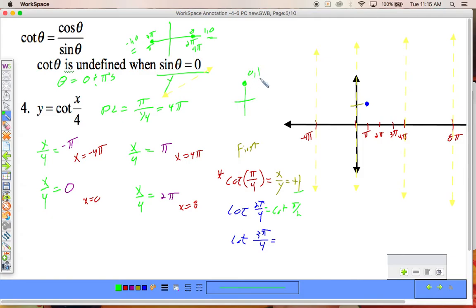When I put my x over my y, I get an answer of 0. 3 pi over 4 is over here in the second quadrant. So that tells me my cotangent's negative, because I'm in the second, and my signs are different, and it's got to be negative 1. So for these, for a cotangent, once you get positive 1 as your first answer, your next answer is 0 and negative 1, adjusted if you have numbers before and after. So I get these 3, and my graph's going to go the other direction because it's a cotangent.